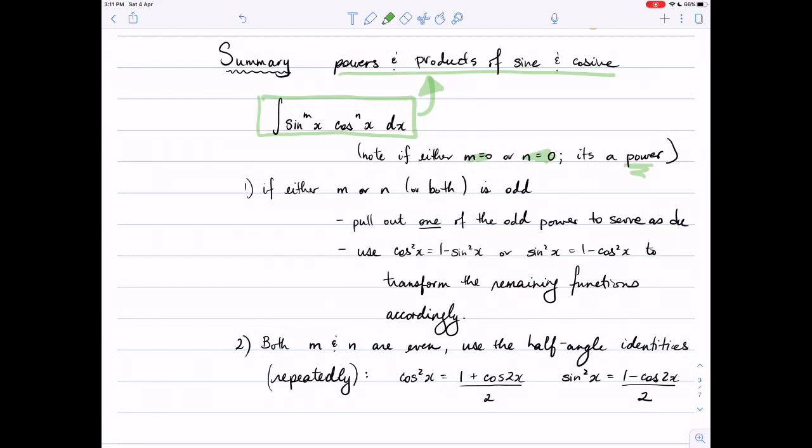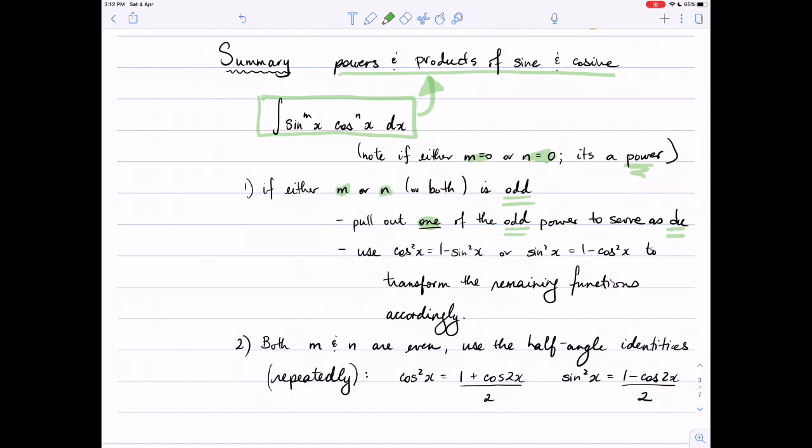So the general summary rule here is, if m or n are odd, then what you are going to do is what we just did in the last example. You are going to pull out one copy of the odd power to serve as the du.